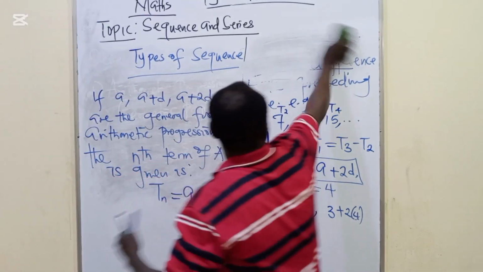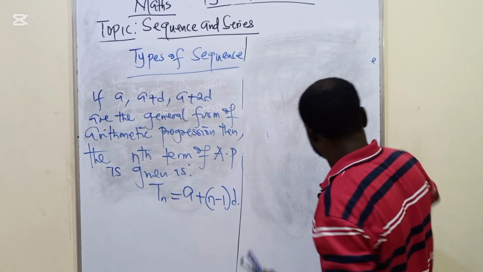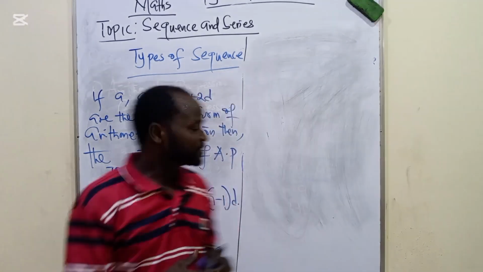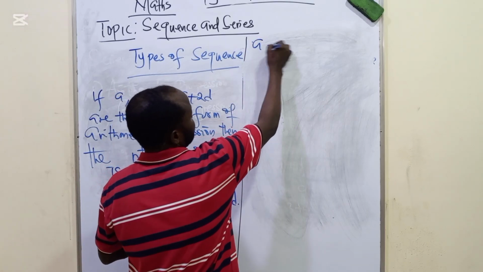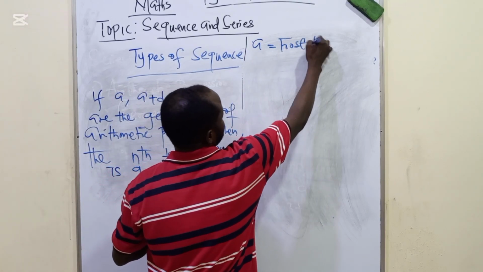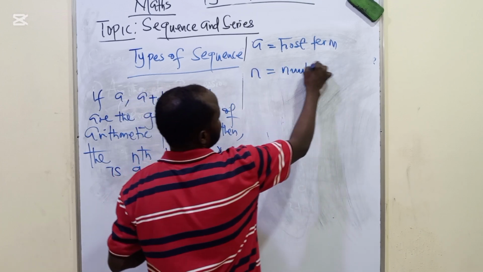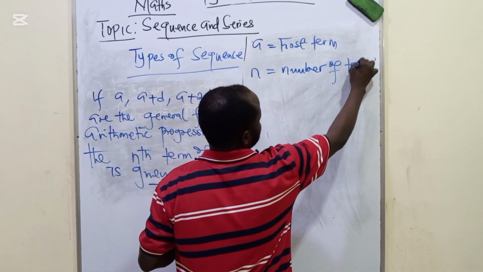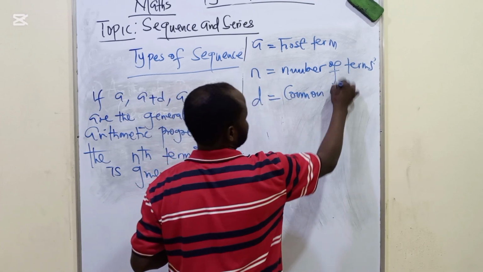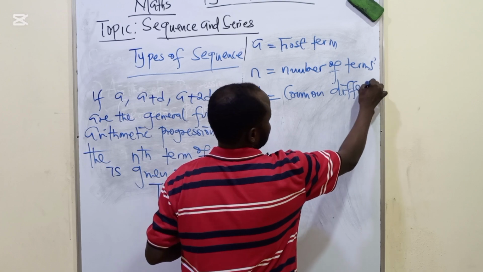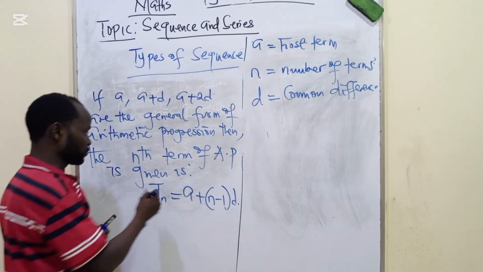Let me interpret the terms now. Given that, A is what we mean by the first term, N is the number of terms, then D is the common difference. Very important. D is the common difference. So this is formula number 1.